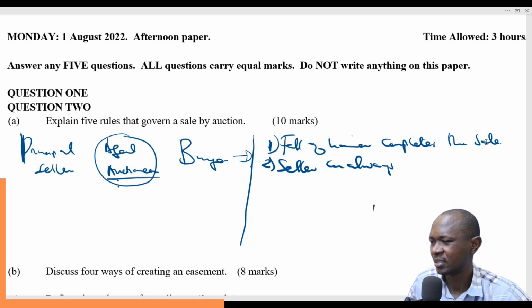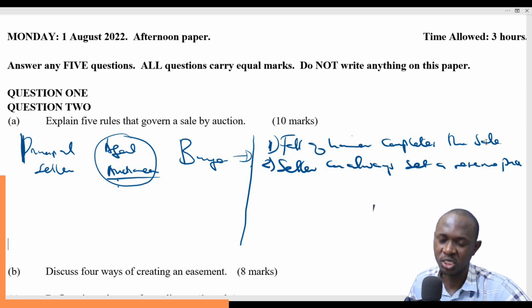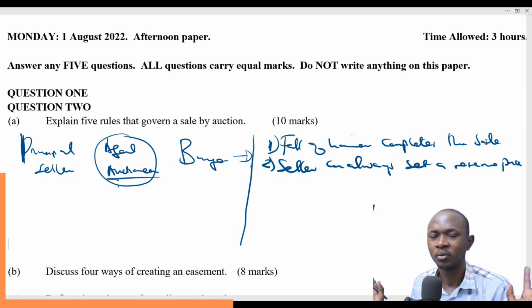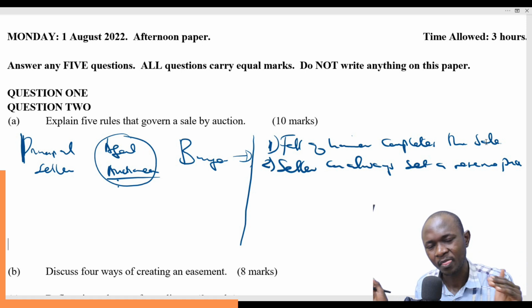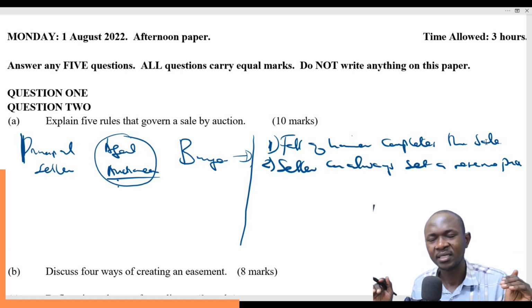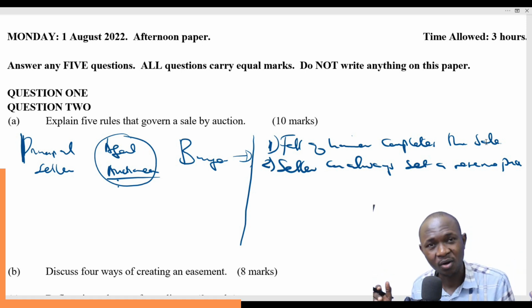This is the price beyond which the sale should not fall. So, for example, remember, it's all dependent on the bids placed by the various buyers. The seller can say, yes, let's start from the lowest price and go all the way, but the price should not fall below this level.